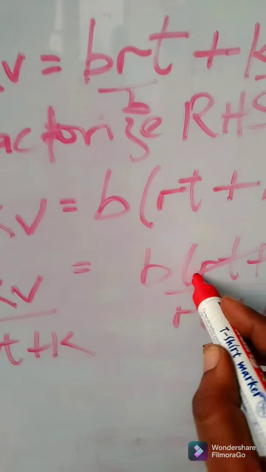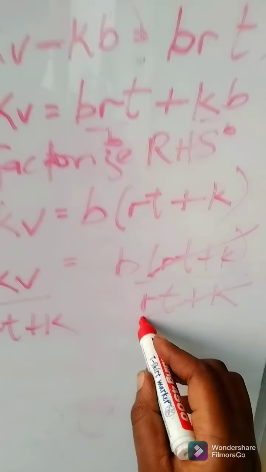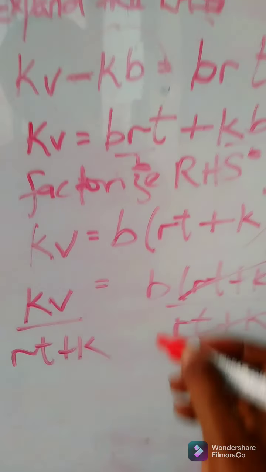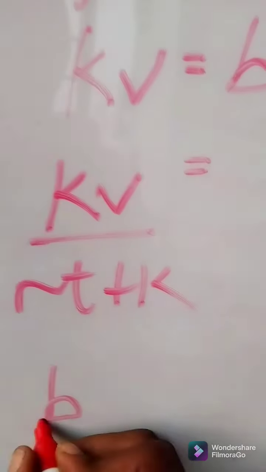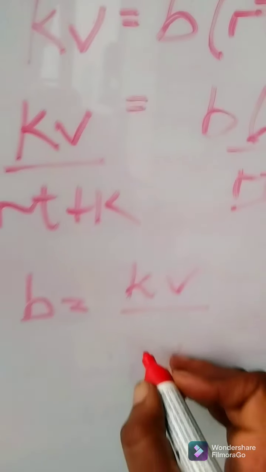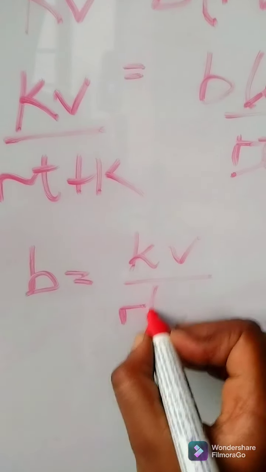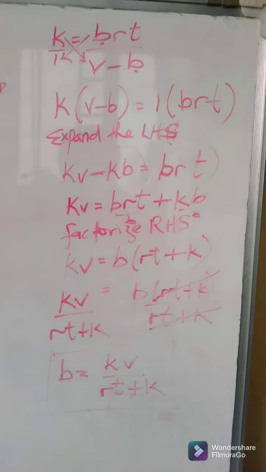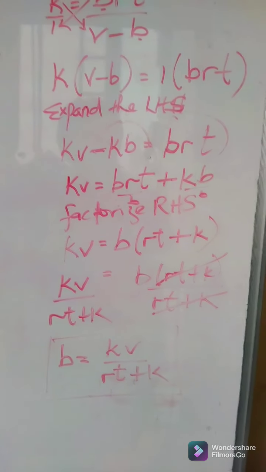This whole term will cancel out this whole term, leaving us with our function b equal to kv all over rt plus k. So this is our final function.